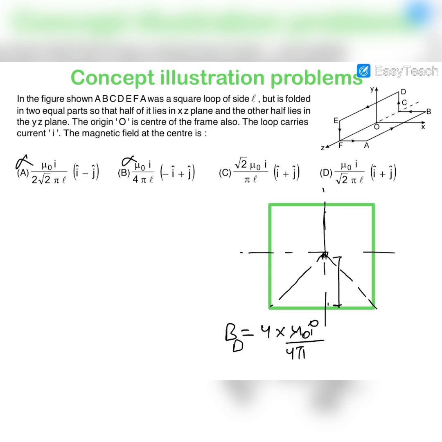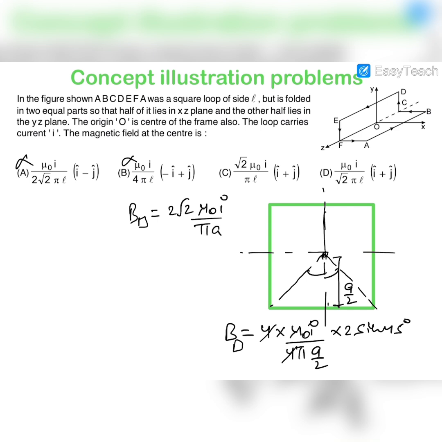Now a in this case will be L by 2, and these two angles are 45, so it would be 2 sine 45. So this magnetic field B due to the square will be equal to 2 root 2 mu naught I by pi L.